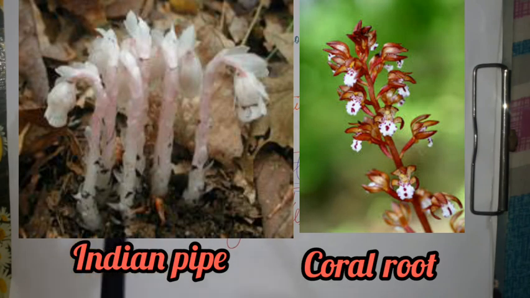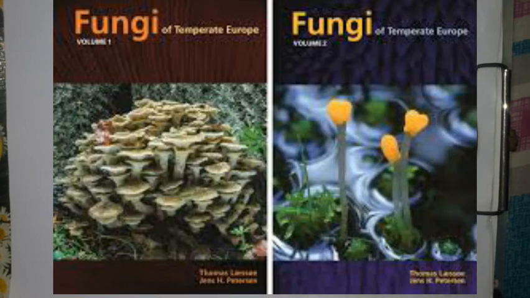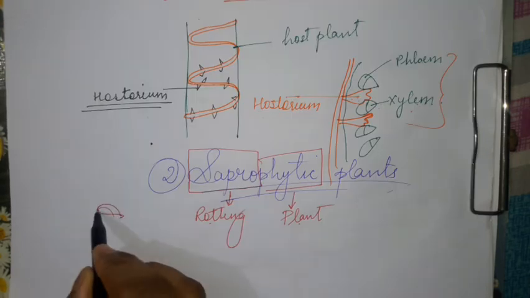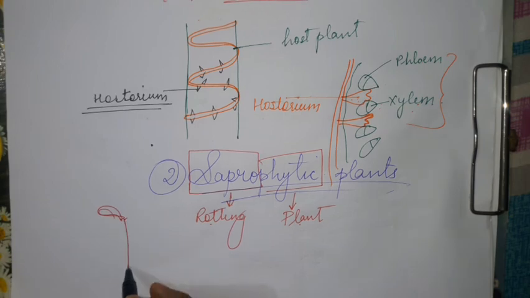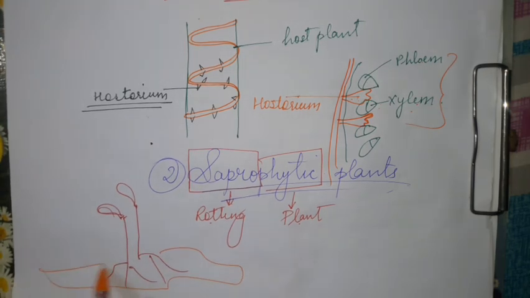Now what happens here is the roots of these saprophytic plants contain organisms like fungi. Fungi, you all know, grow in very wet and decaying matter. The same thing happens here. Suppose this is the saprophytic plant. Wherever the roots are present, it will always be in the dead and decaying matter.